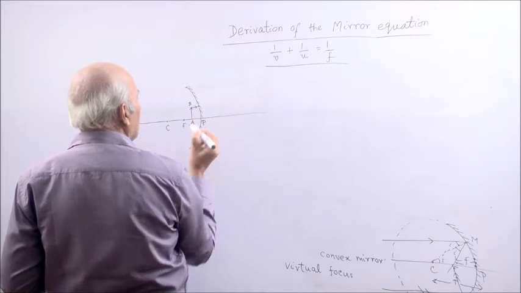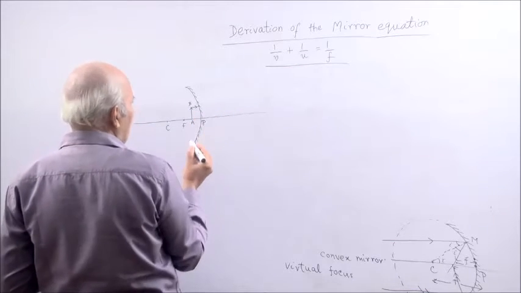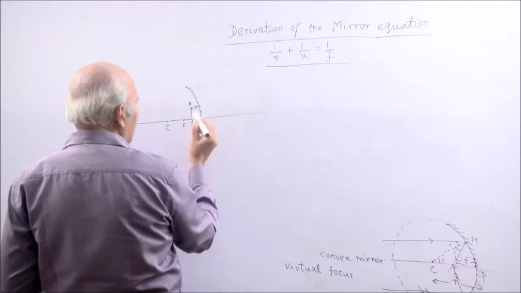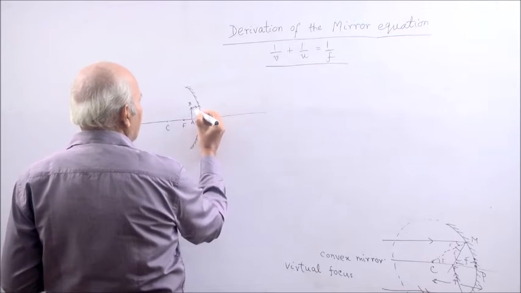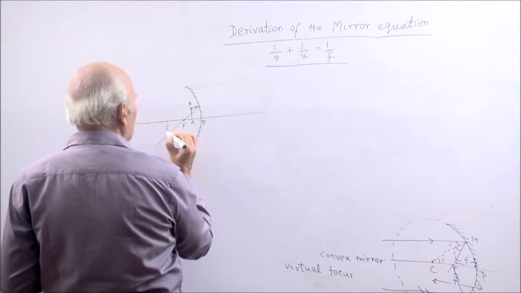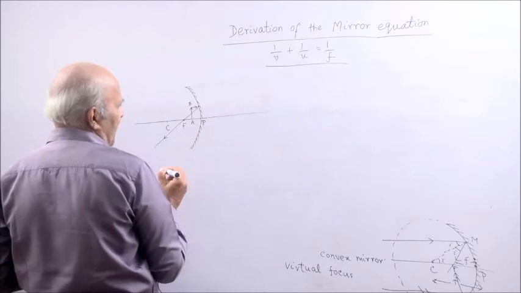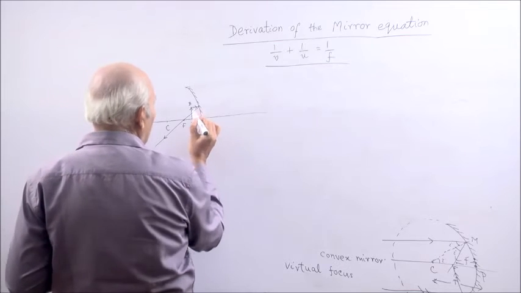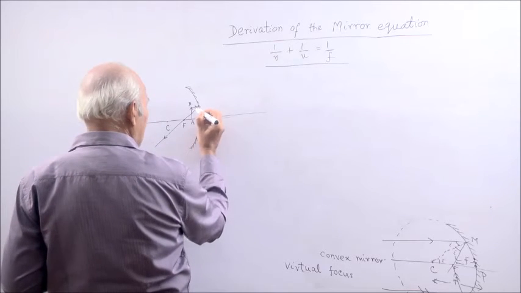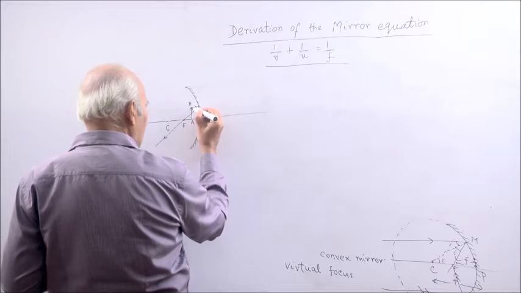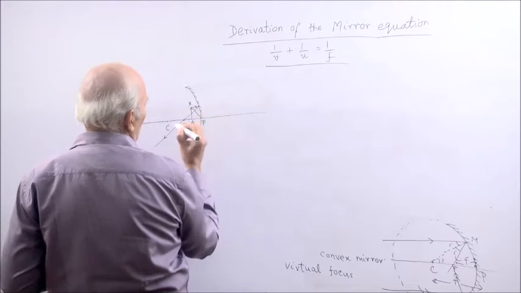One ray goes parallel to the principal axis, and after reflection it will pass through the focus. Another one you can pass through the pole.